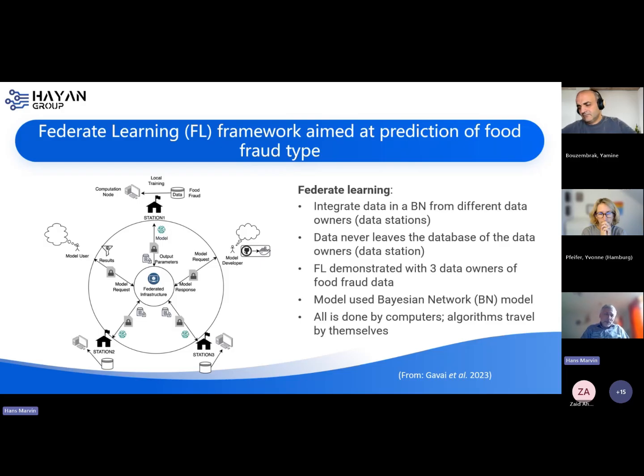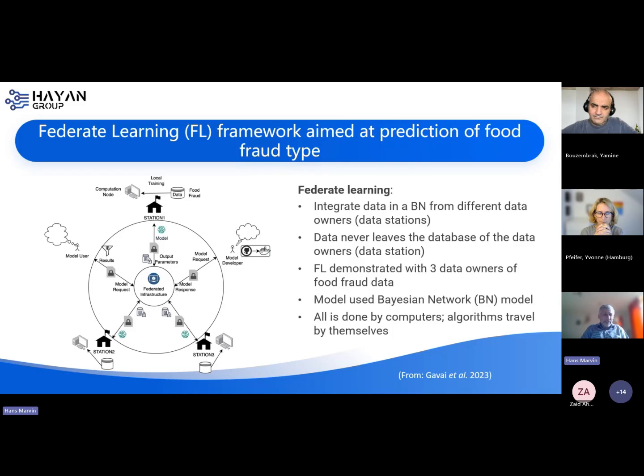With Bayesian federated learning, you can overcome that problem, because in a federated learning setting, the model, in our case a Bayesian network but it can be any AI model, goes around the infrastructure from one station to the other and learns from the data that is available on that data station.